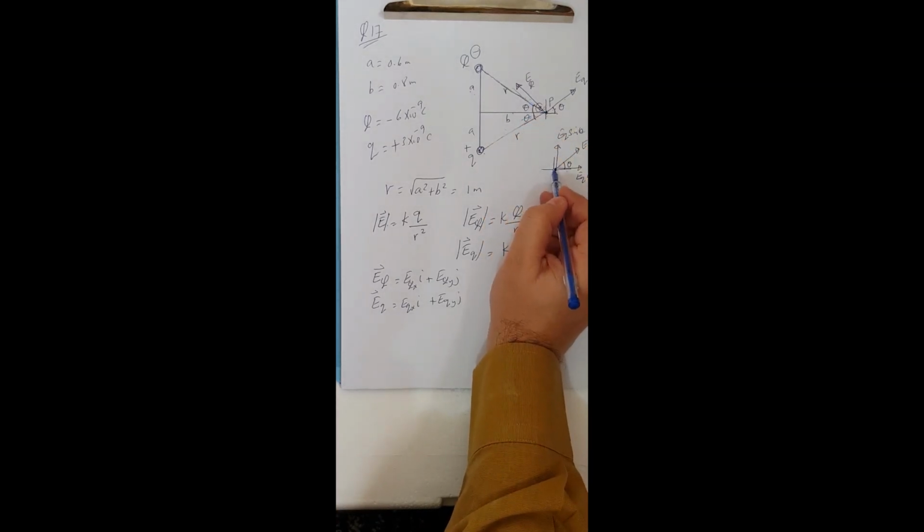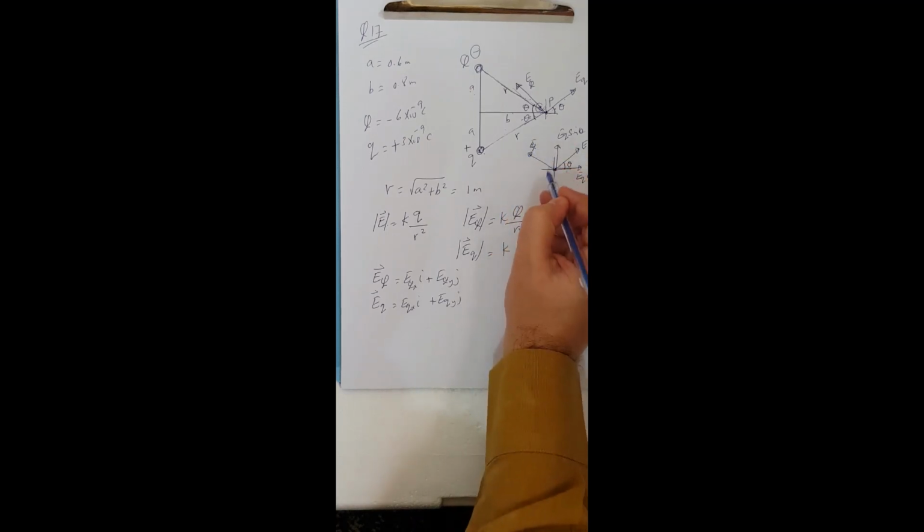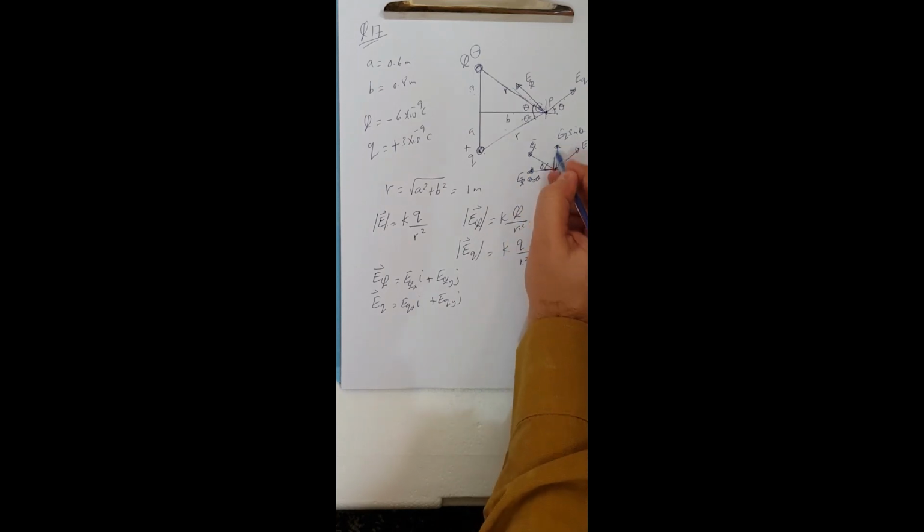Same for E_Q capital, we'll have E_Q cosine theta, thinking of this theta here, and E_Q sine theta. We don't have to worry about the direction, negative or positive. We just take them as they are, because we are interested in the magnitudes.